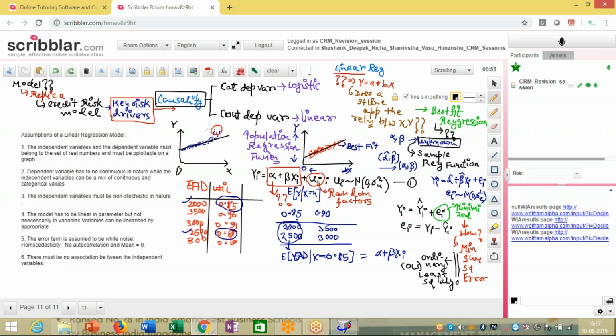The OLS algorithm is used to minimize the sum squares of error and obtain the best fit value of alpha hat and beta hat.